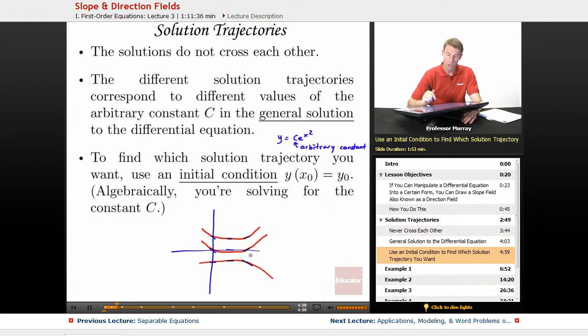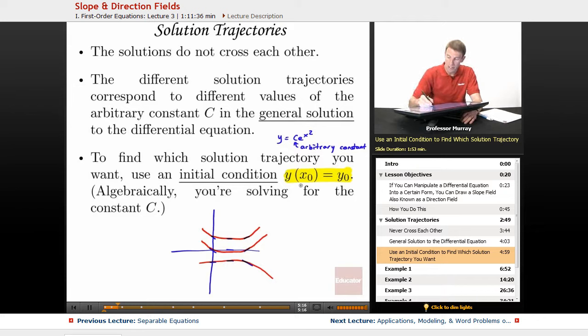And to figure out which solution trajectory you want, you use an initial condition, which is usually given to you as part of the package in the differential equation. So you'll have an initial value for x naught and y naught.